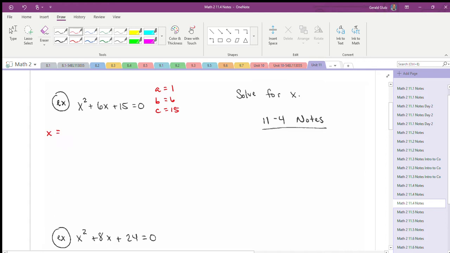So the quadratic formula says that x is equal to negative b, so negative 6 plus or minus the square root of b squared, so 6 squared, minus 4 times a times c. And that's all divided by 2 times a, so 2 times 1.